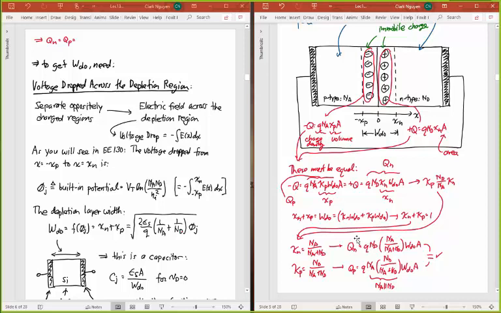So if I wanted to simplify memorizing this equation, I can just write this as q sub n equals q sub p equals q times n sub a parallel n sub d times the depletion region width times the cross-sectional area of that diode.